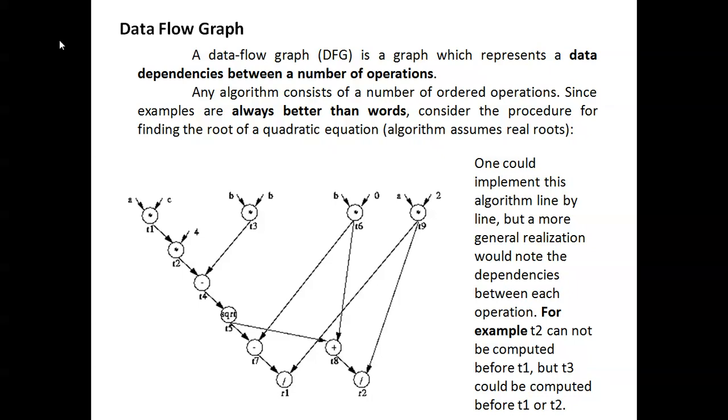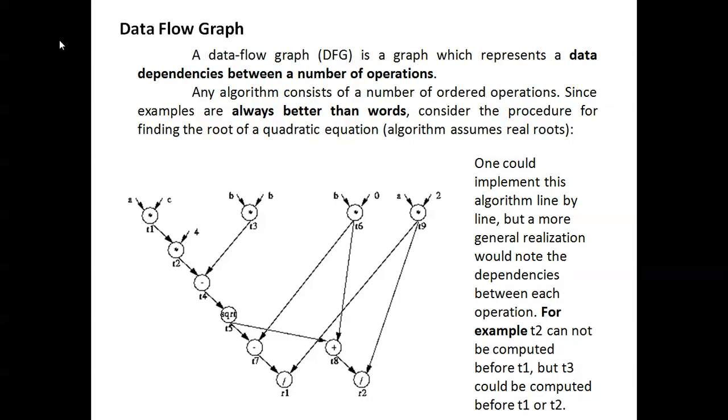Data flow graph, DFG. This graph represents the data dependencies between a number of operations. Any algorithm consists of a number of operations. If you are going to say it in words, it is better if you can show us a graph; that is always best.